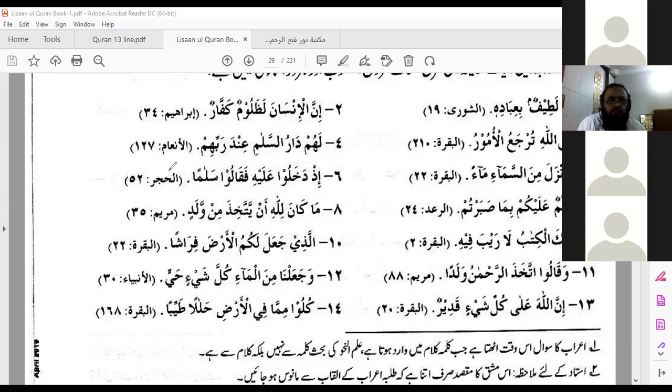Number 8, makana lillahi. Lillahi, the status of it is jar, and we call it majroor. And waladin, again the status is jar, and we call it majroor because of it.